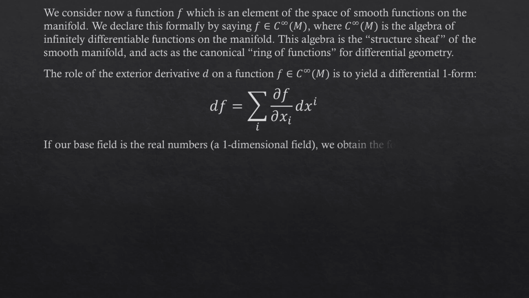And if our base field is the real numbers, a one-dimensional field if you will, we obtain the following result. The exterior derivative of f is just the partial derivative of f with respect to x times the exterior derivative of x. In the three-dimensional Euclidean vector space called R3, we have the following.